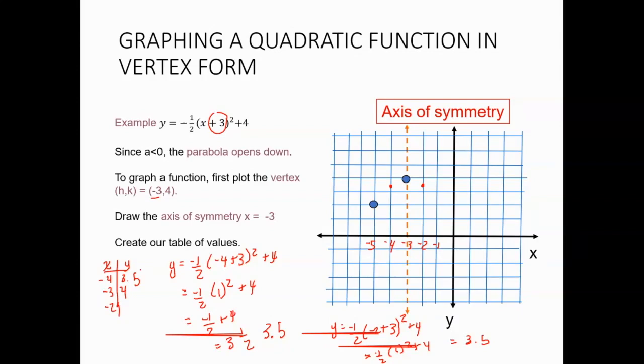So if I plugged in a negative 5, let's try to do it up here. Negative 5 plus 3, squared, plus 4, that's going to give me negative 1/2 times negative 2 squared plus 4.